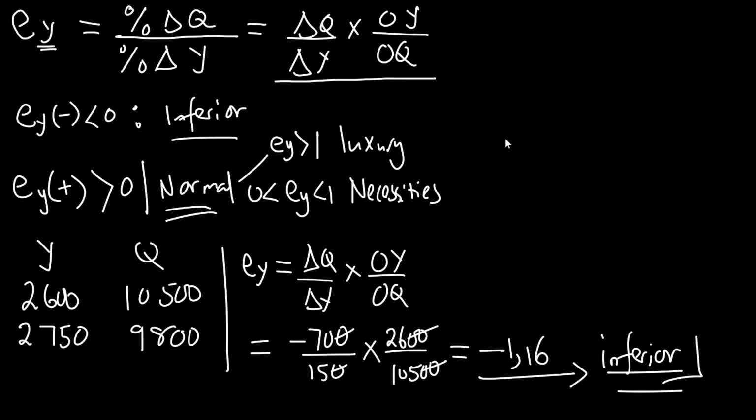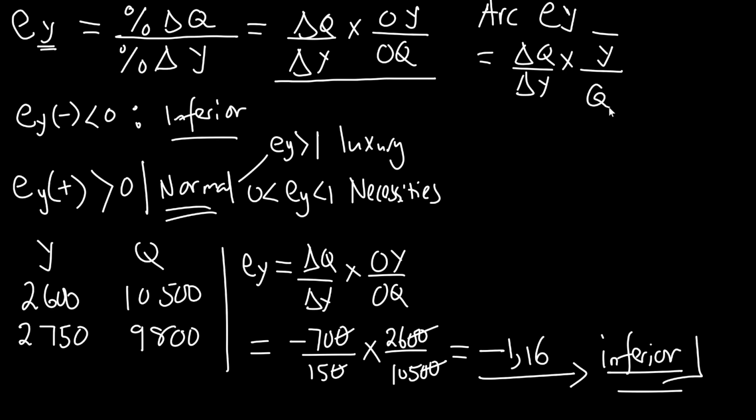Just another, let's assume that they throw a curveball at you and say use the formula of averages, or the ARC formula. They say use the ARC income elasticity of demand, or the average income elasticity of demand. Remember this. You still take the change in quantity over the change in income, but you multiply by the sum of income, Y bar, and Q bar for the sum of quantity.